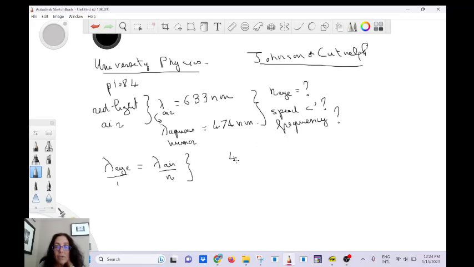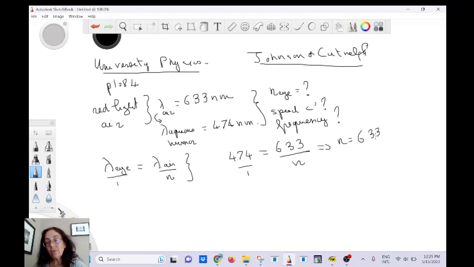It's easy. So 474 equals 633 divided by n. I forget about the units because you have nanometers here and nanometers there, right? So you cross multiply, so n is 633 divided by 474.